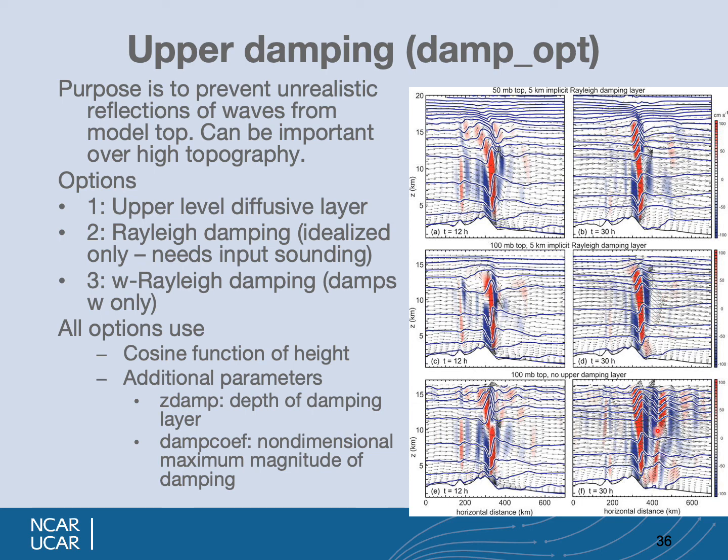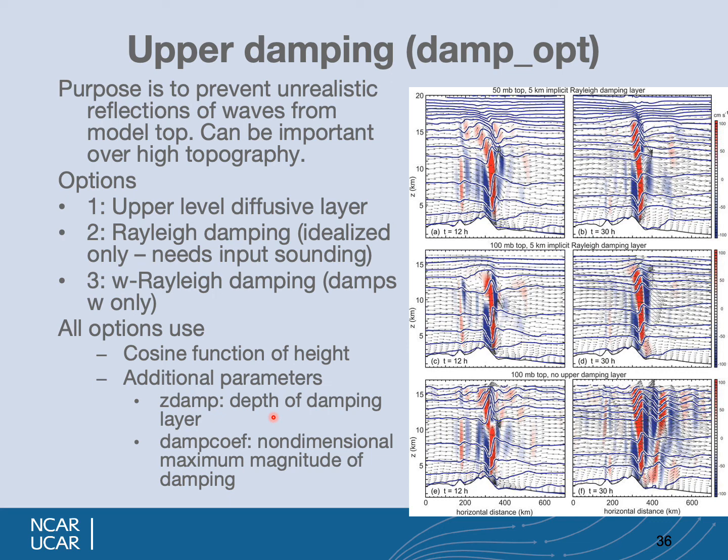So when you have these kinds of reflections from the top, that would harm your simulation. They're slowly developing, but generally not good to have. So what you would like to do is turn on your upper damping, in general anyway. It's not an expensive thing to run. We have some controls for this. One is the depth of the damping layer.